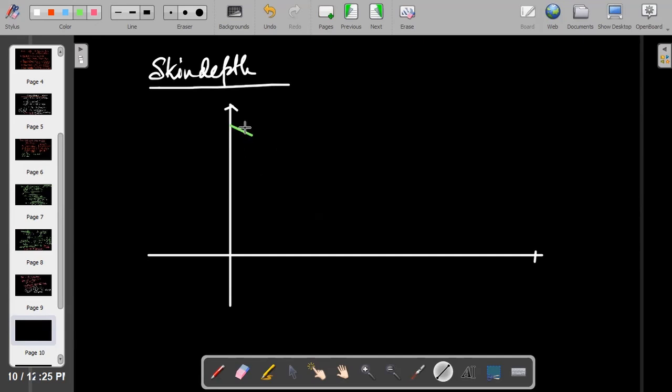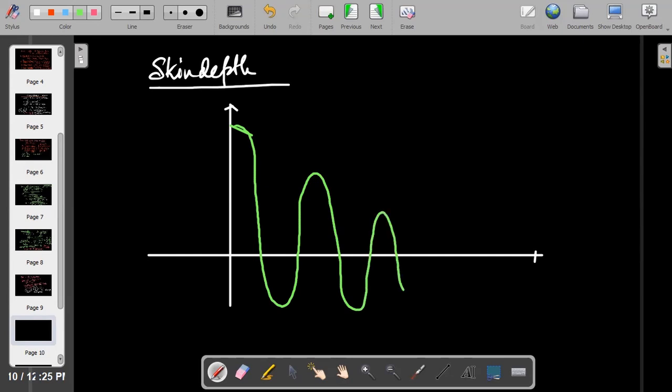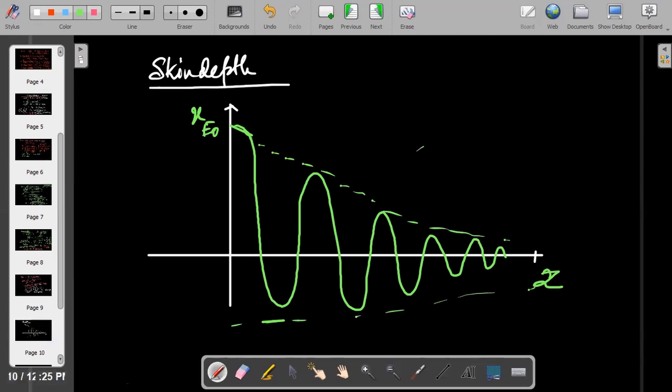Already I told, if the medium is lossy, then this thing will happen. If this is the Z direction and this is your X direction, this will be your maximum amplitude. What I told, it will reduce.